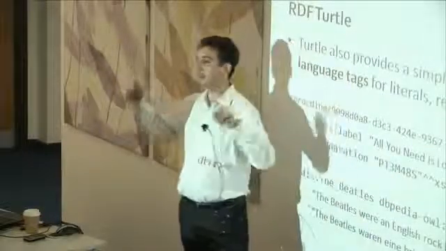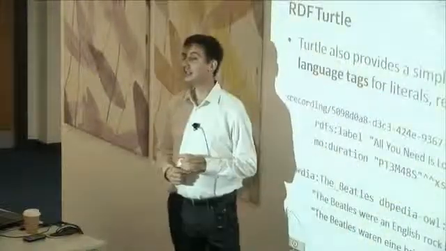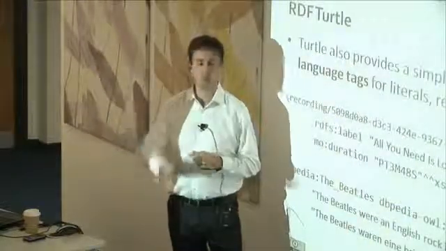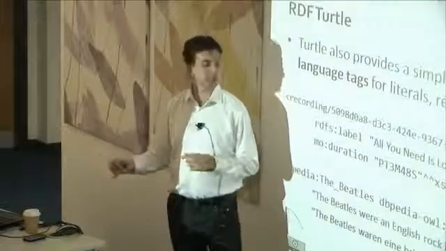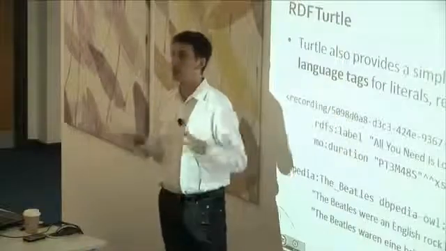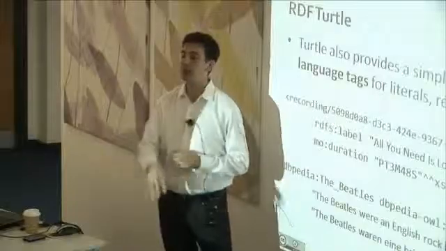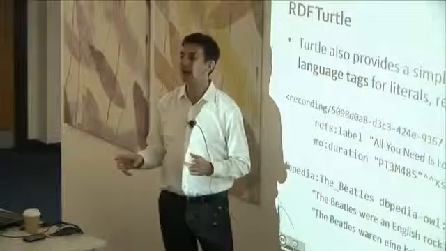These cat's ears, the double caret, means this is the data type that follows. So relative to the prefix for XML schema data types, we say that's a kind of duration. So duration as a data type is attached to that literal. And XML tells us how to encode durations in time as text. Okay?